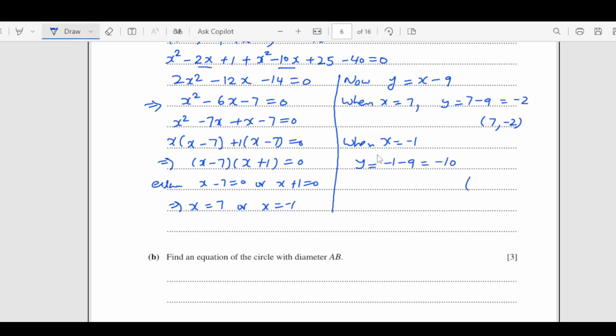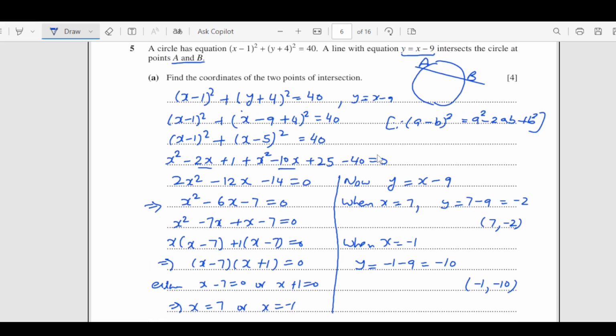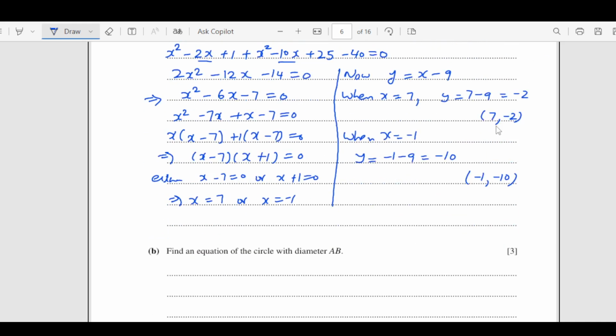So the second point we have here is negative 1 and negative 10. So these are the coordinates of the 2 points of intersection here at A and B, right? So one answer is this one here, and the other one is here.